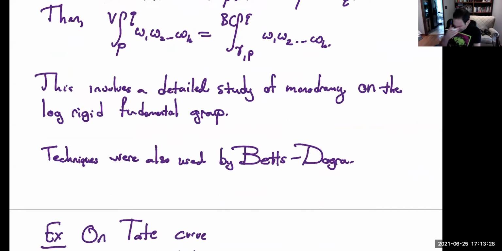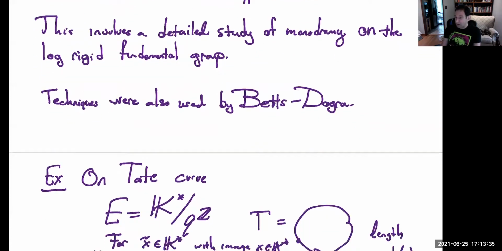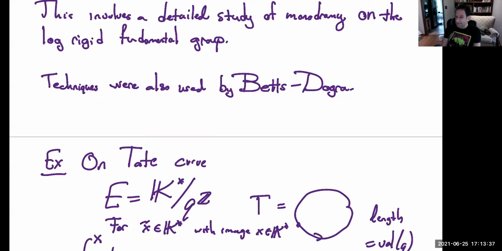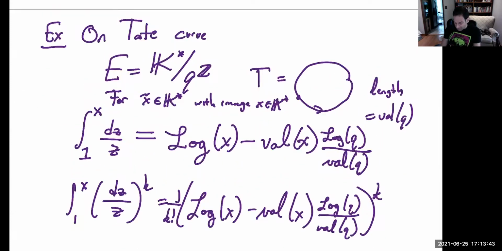Okay, and the techniques involved in the canonical path were already used in the l-adic setting by Betts and Dogra to understand non-abelian Kummer maps in that setting. I will give one example of an iterated integral I can work out, which is if you've got a Tate curve, which is k star modulo the multiplicative subgroup generated by q.